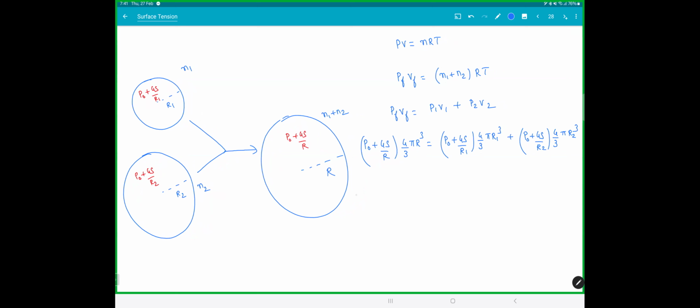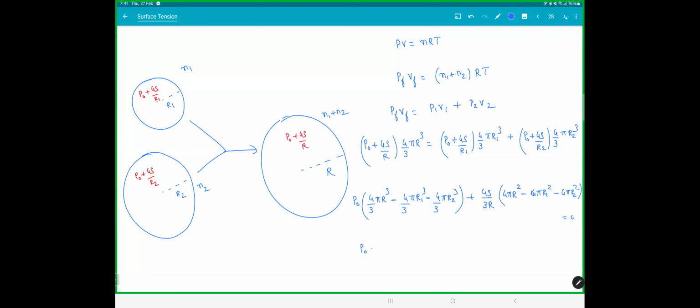So shift all the terms to the left hand side. You'll notice P naught times 4 by 3 pi R cube minus 4 by 3 pi R1 cube, there is a change in volume, plus 4S by 3R times 4 pi R square minus 4 pi R1 square minus 4 pi R2 square is 0.